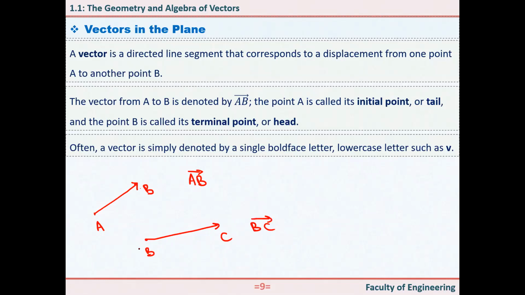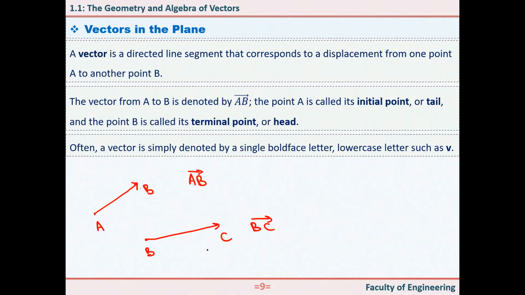That is the initial point and this one is the terminal point, or tail and head. As you see, there are two important things about vectors. Number one is its length, that's the magnitude, and also its direction.